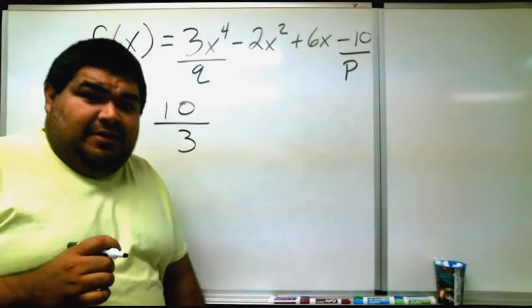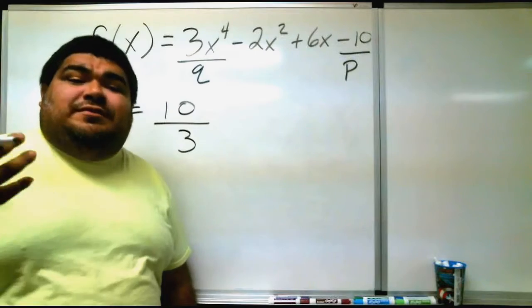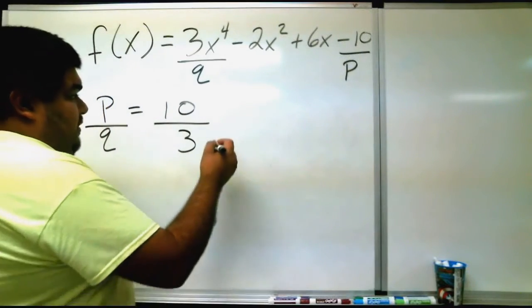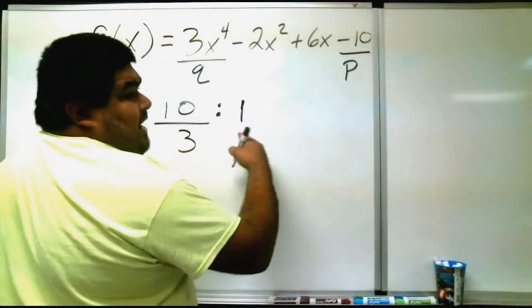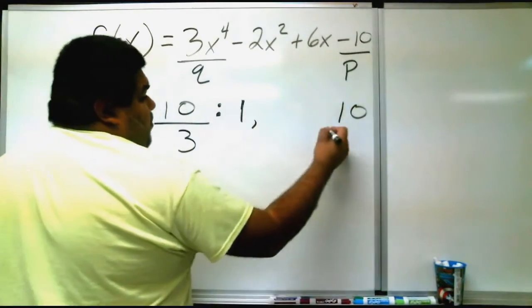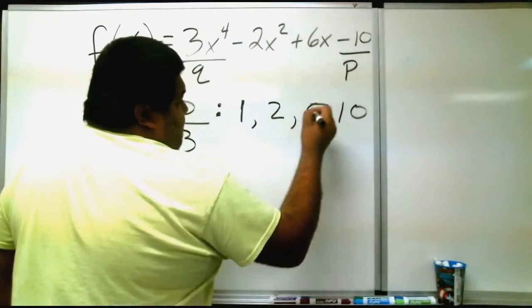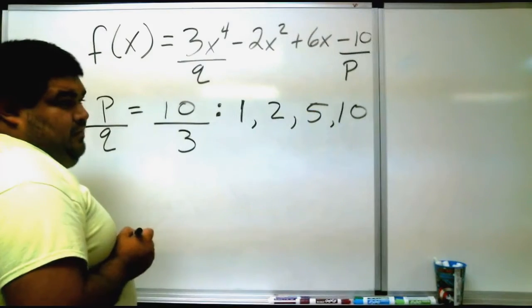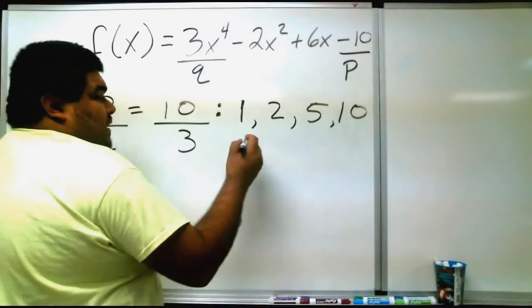Now that we have that, we have to break down the 10 into all its factors. Meaning 1 times 10 gives you 10, and 2 times 5 gives you 10. So those are all of the factors of 10.